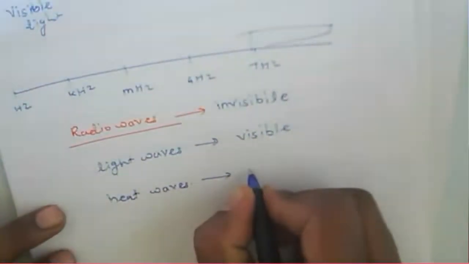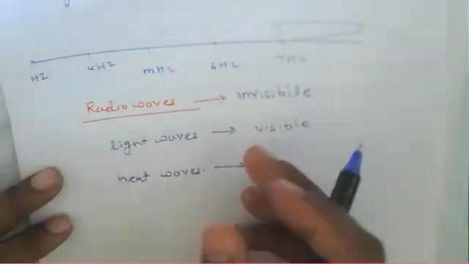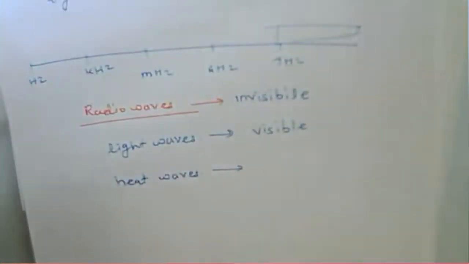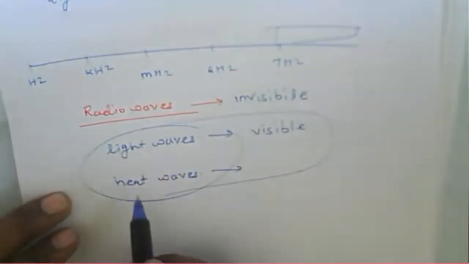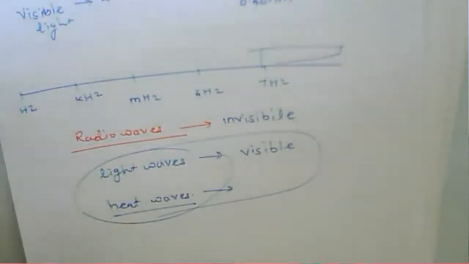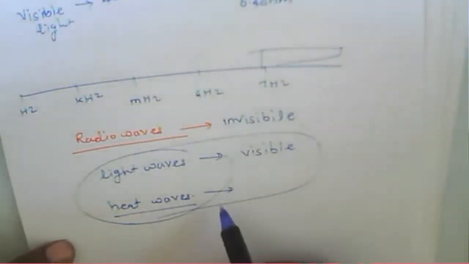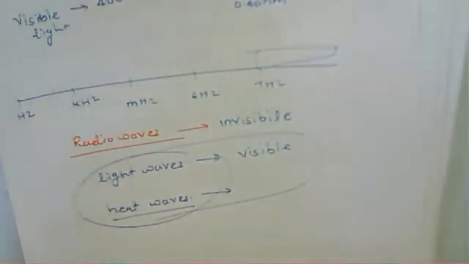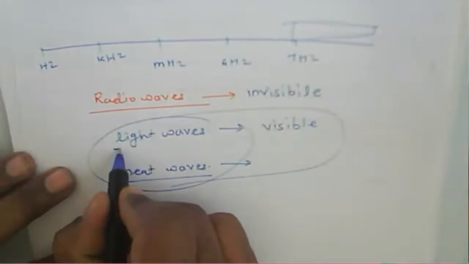Heat waves we cannot see, but we can observe them and understand that there is a heat wave. But radio waves we could not see, and we could not understand that radio waves are present.